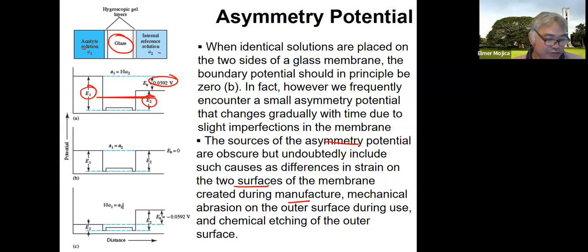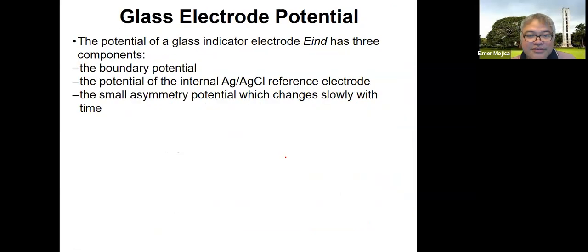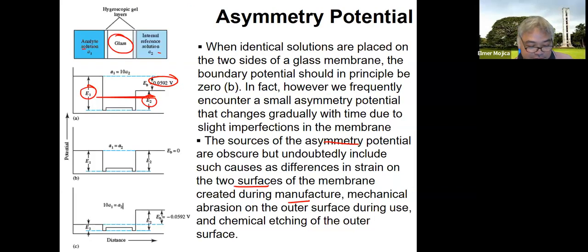So what do they usually do? They try to eliminate the bias. How do you eliminate the bias? If you see an imperfection between the two sides, how are you going to eliminate it? Anyone?